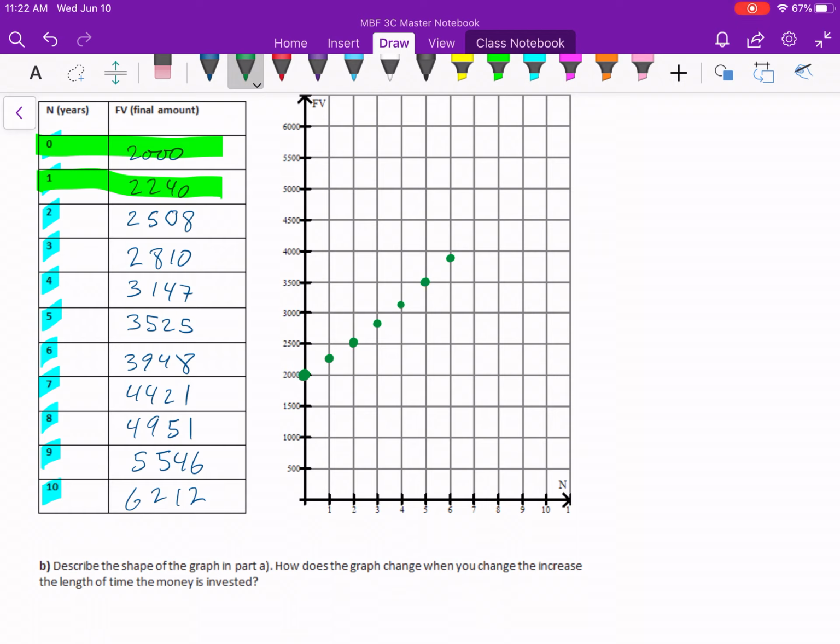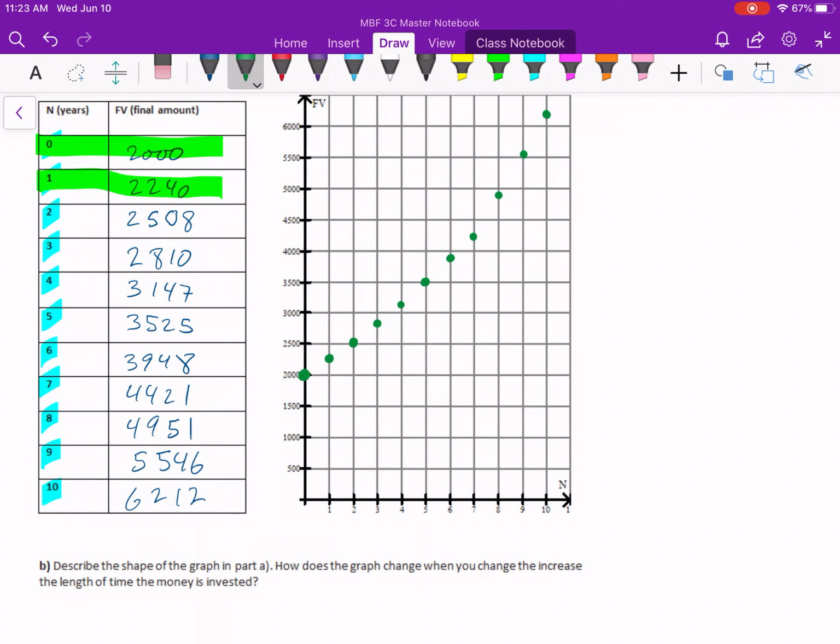Let me make sure. 7 was 4421, so that's actually about here. And then 4951 should be here. 5546 and 6,200. All right, I think that's about right.